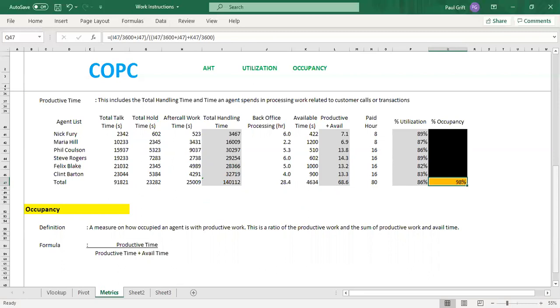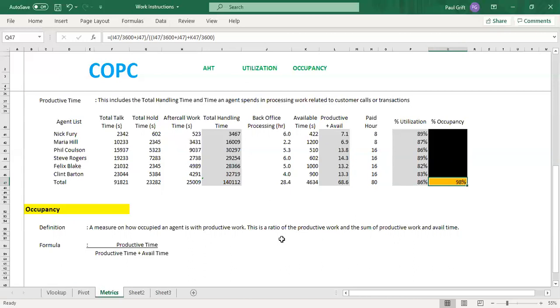All right, normally we are just settling with 80% occupancy. That should be working for a standard population, maybe 100 agents or more. But for smaller campaigns, our occupancy target is definitely lower as there are fewer calls, and we also have to maintain a certain SLA or service level.